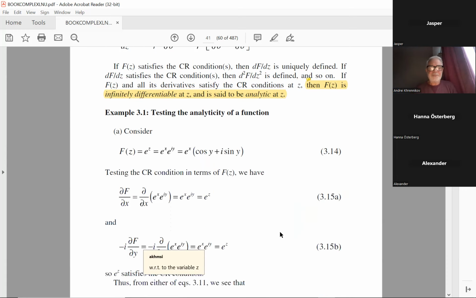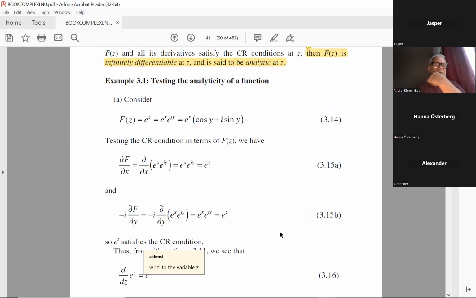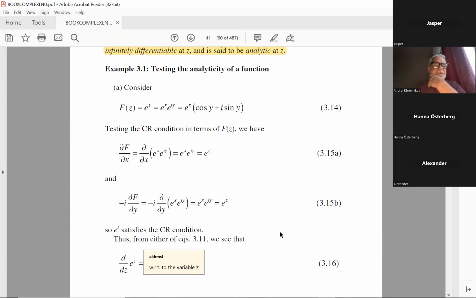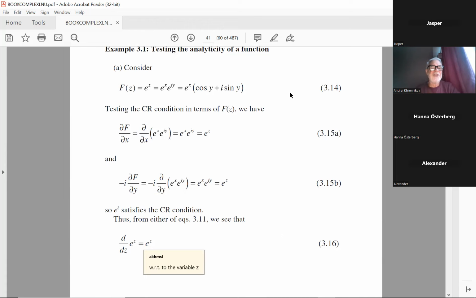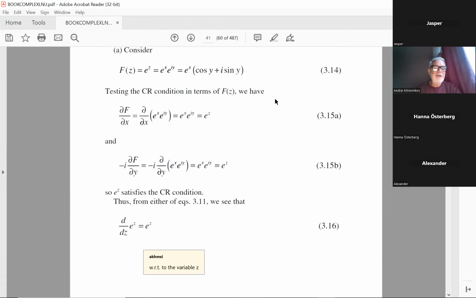Testing analyticity. This can also be a problem, at least at this pre-examination. How do we know whether some function is analytic? You should check the Cauchy-Riemann condition for this function, and see that it holds for all derivatives.